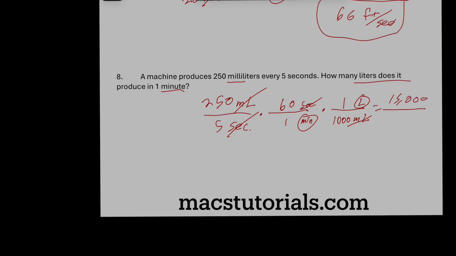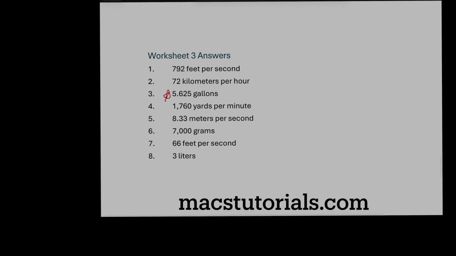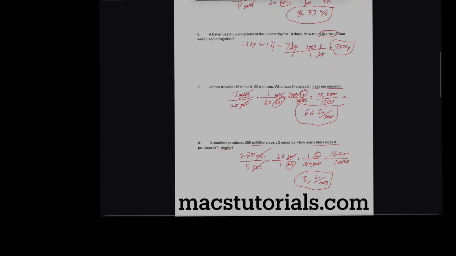On the bottom, I get 5 times 1,000, which is 5,000. That is going to be 3 liters per minute. If you look at our answer key down here, it should say 3, and it does. Everybody, that's your answers.